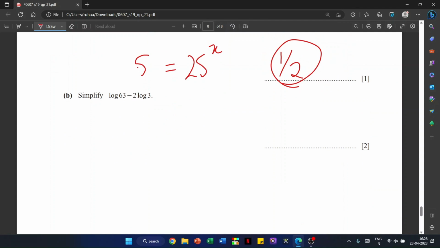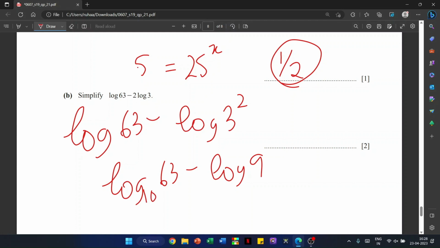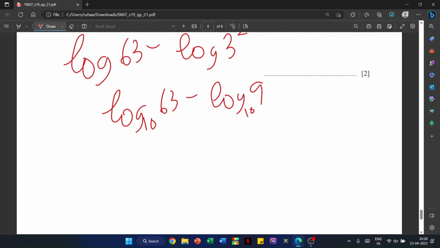This over here is just using some log rules. So log 63 minus log of 3 squared. That's going to be simplifying it, giving us log 63 minus log 9. So log base 10 in this case. And if it's the same base, log 10, and it's subtraction, that means the values inside are going to be divided.